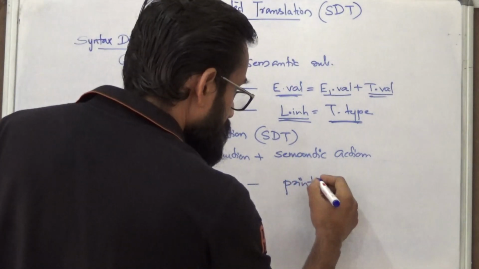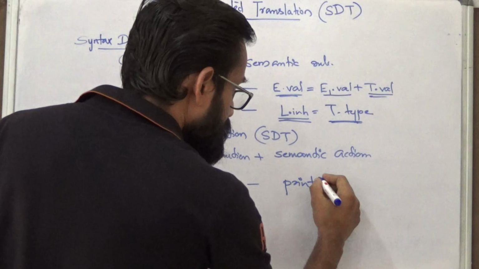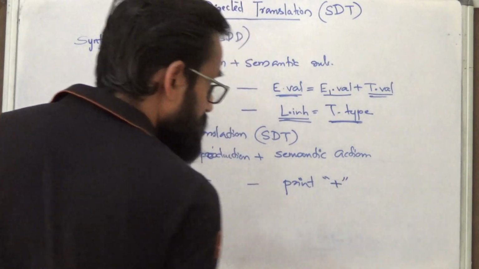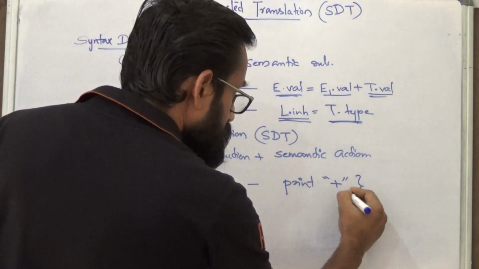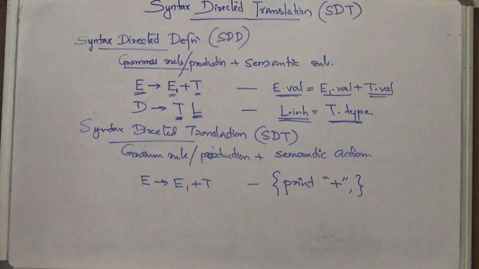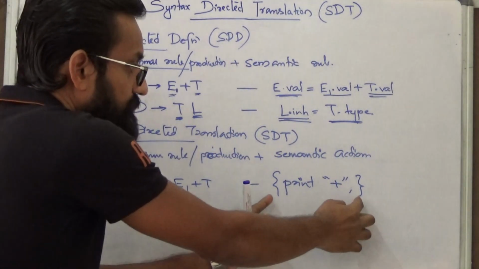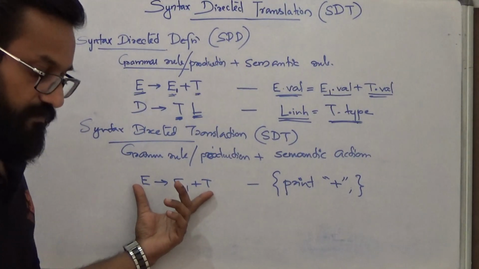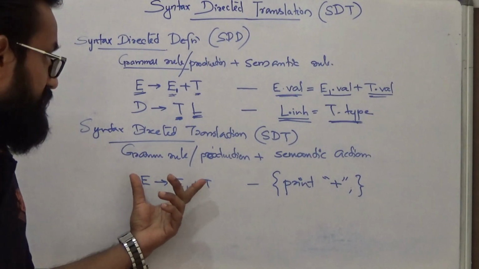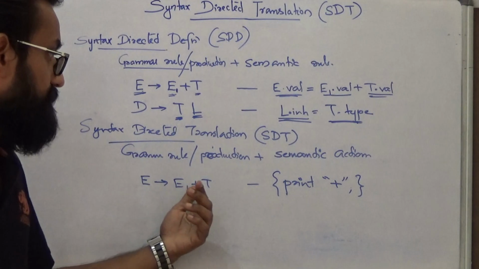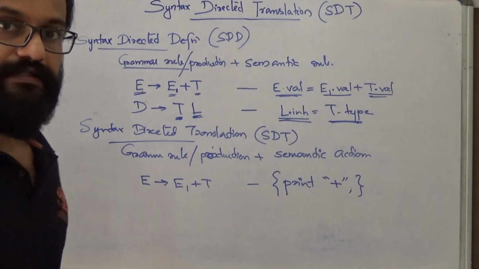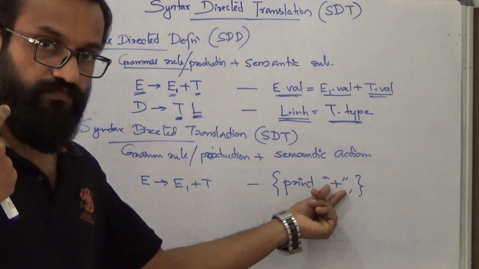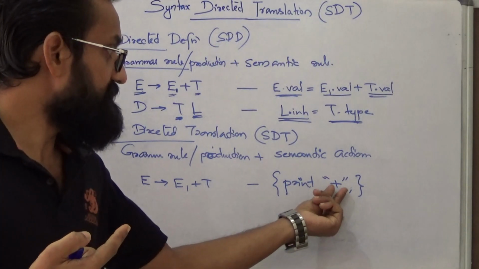Let the action be print. The item to be printed is plus. You are encapsulating the semantic action within a pair of braces. Whenever, while processing the syntax tree, you identify this particular reduction, E giving E1 plus T or E giving E plus T, the semantic action to be performed is to output the symbol plus.